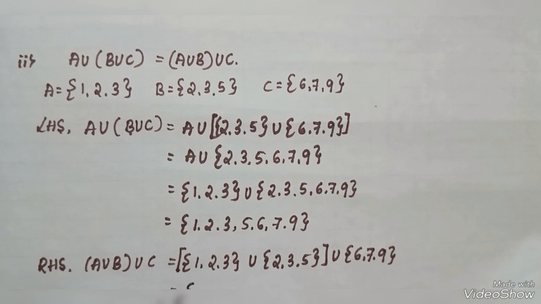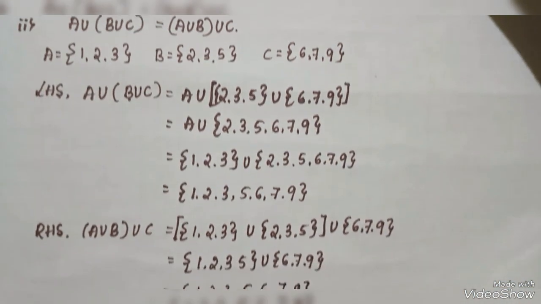Union of these two sets: 1, 2, 3, where 2 and 3 are common, here 5, union 6, 7, 9. Here it is 1, 2, 3, 5, 6, 7, 9.